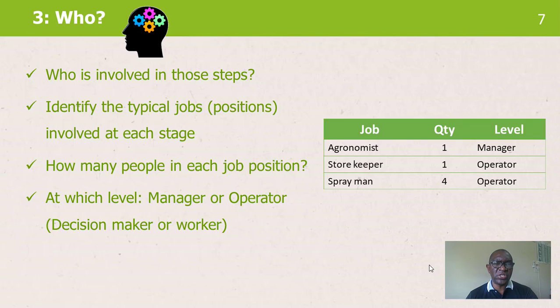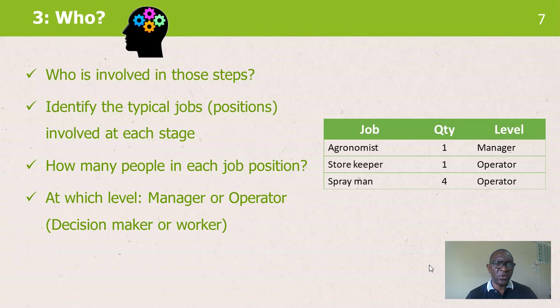The job position can be identified by a specific competency profile that describes the missions, activities, and tasks that a worker must perform. For example, at managerial level, a typical job or post is that of a production manager or a station manager. At operational level, a typical job post is a harvester, a spray person, or a grader.